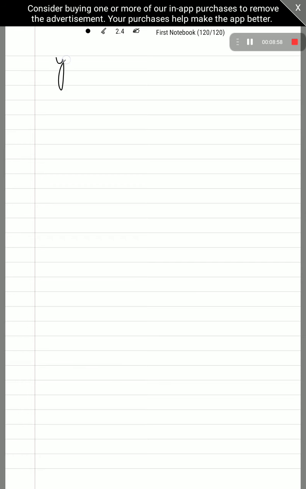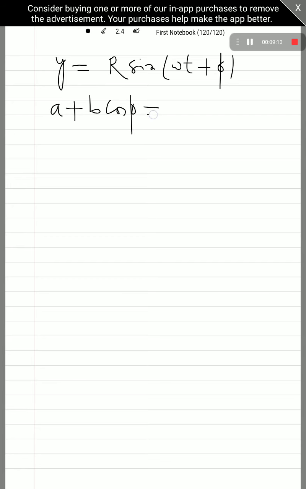Okay, so we have the expression y equal to R sin(omega t plus phi), and two more expressions: A plus B cos phi equal to R cos phi, and B sin phi equal to R sin phi.